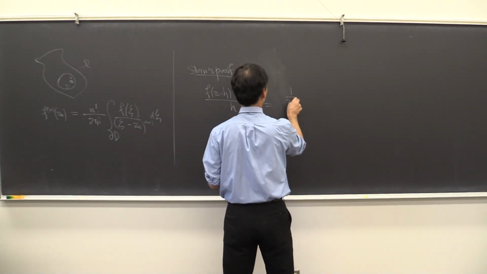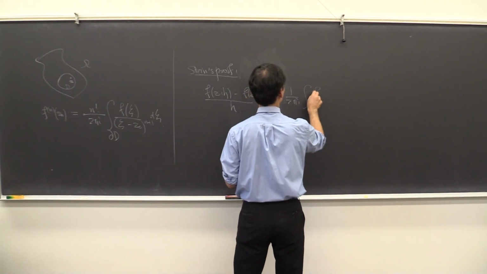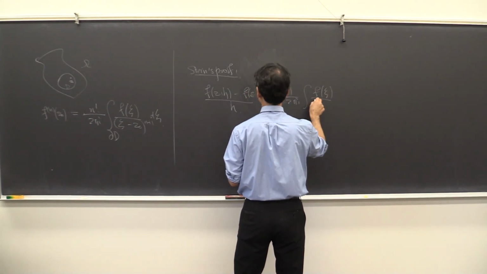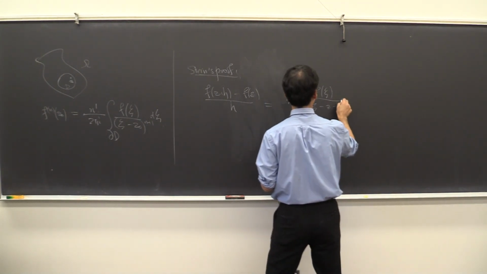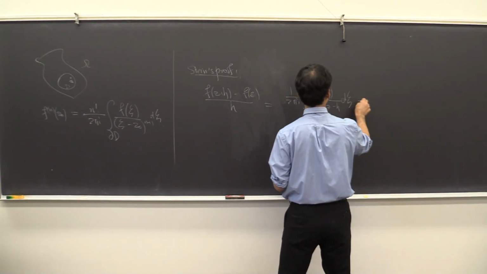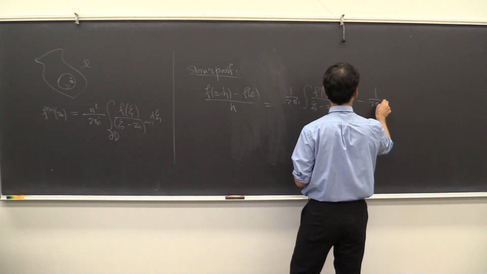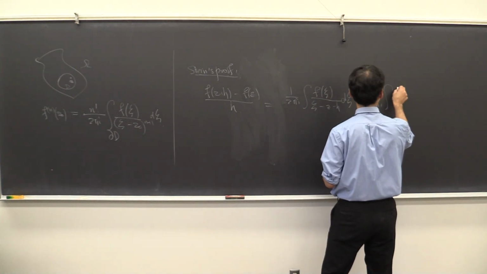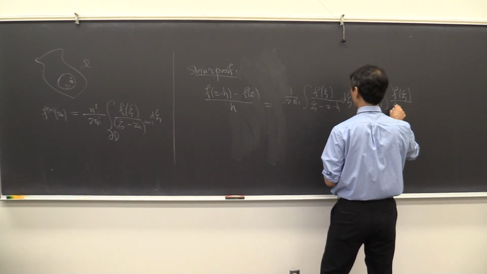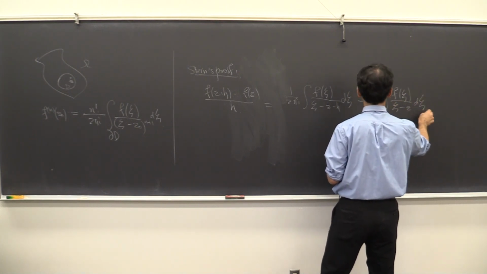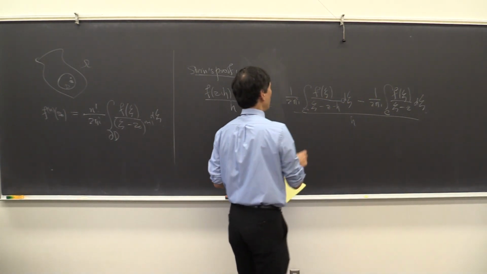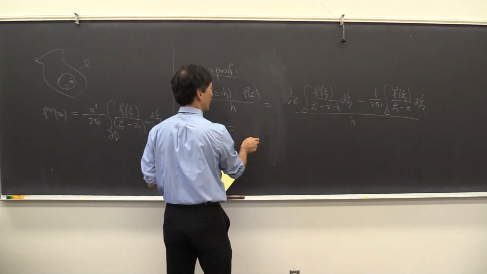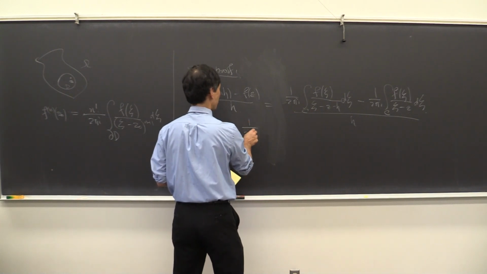This is going to be 1 over 2 pi i times f of zeta over zeta minus z minus h d zeta, minus the formula evaluated at z, right, everything over h. And then combine those two things together.